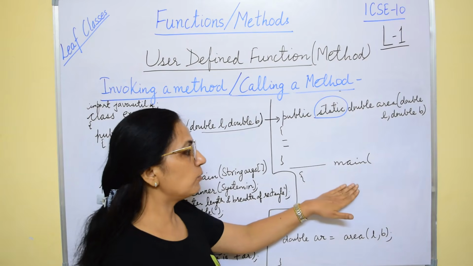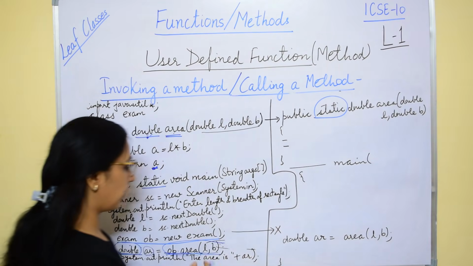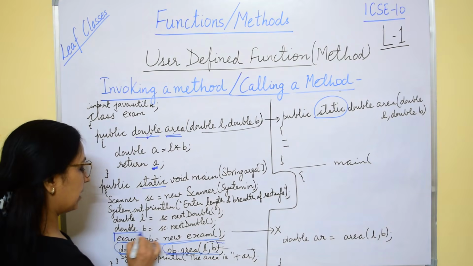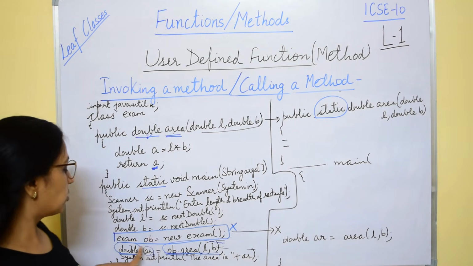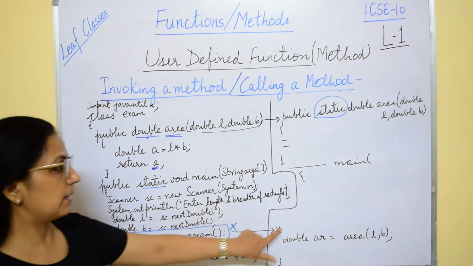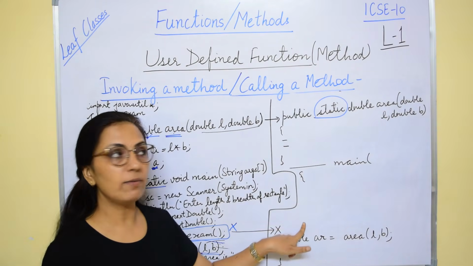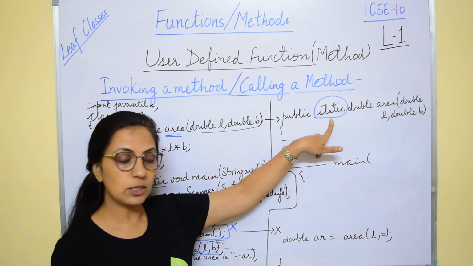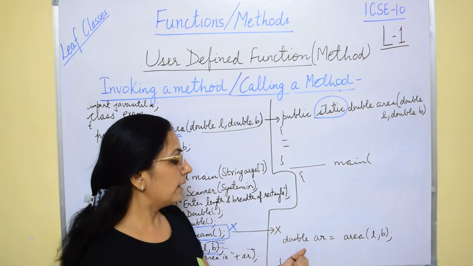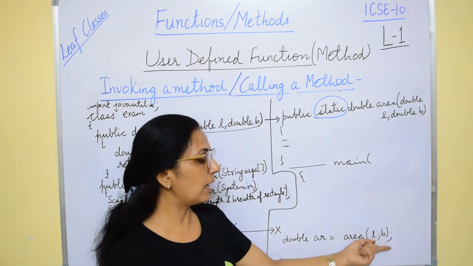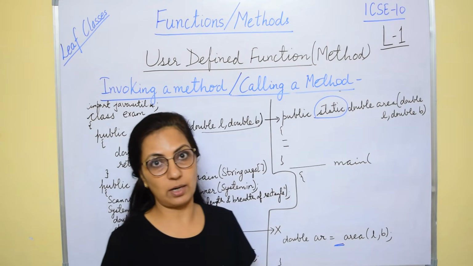And now in main function, since I have written static here, there is no need of creating the object of the given class. So directly I can execute the function like this, double AR equals area L comma B, without taking the object. Now here object is not required, right?